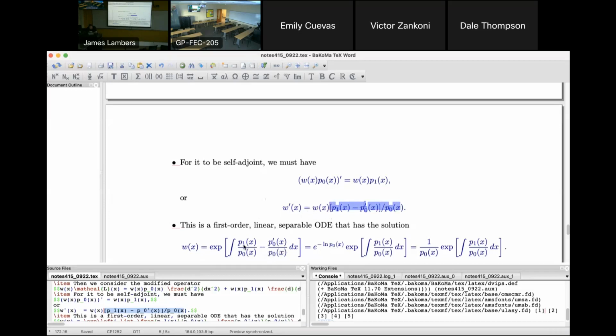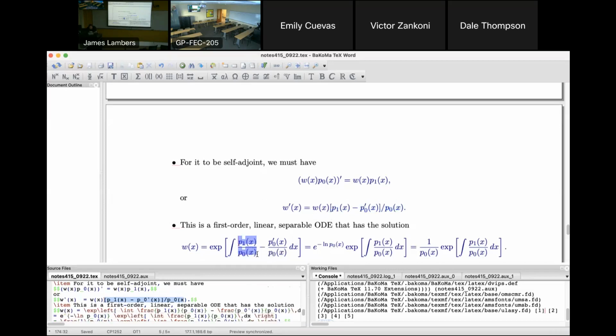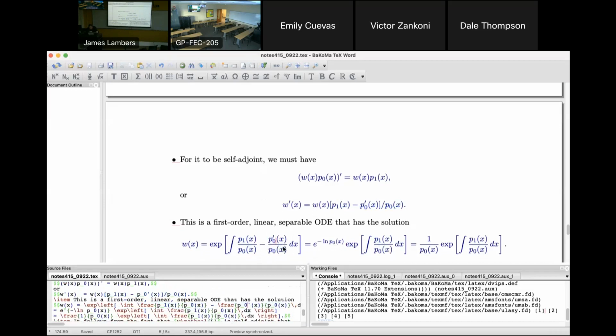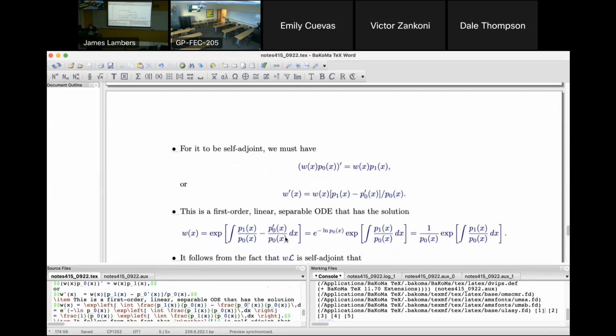Now, this integral we'll have to leave as is. But this one we can work out, because if you make a u substitution, u equal to P0, then P0 prime dx is du. So you get e to the minus du over u, in other words, e to the minus natural log of P0.